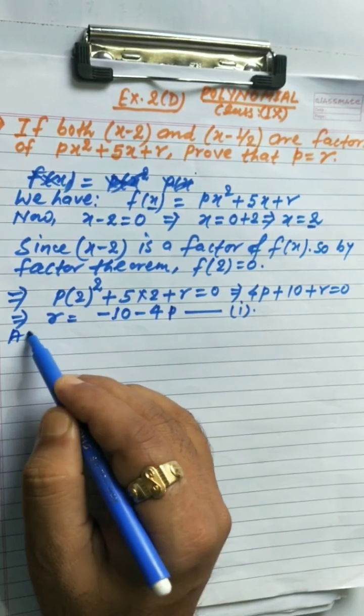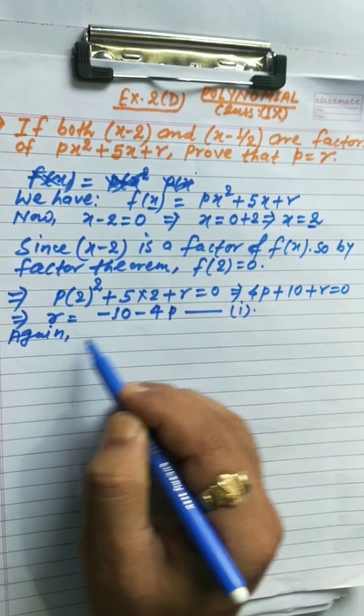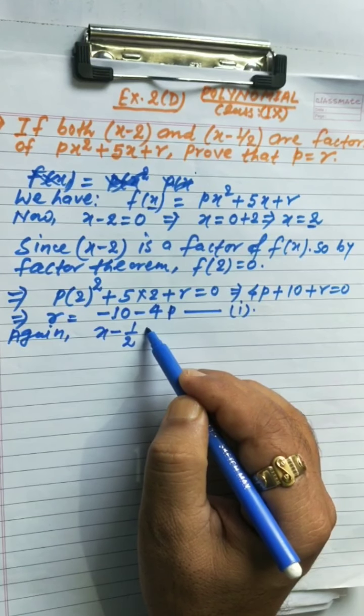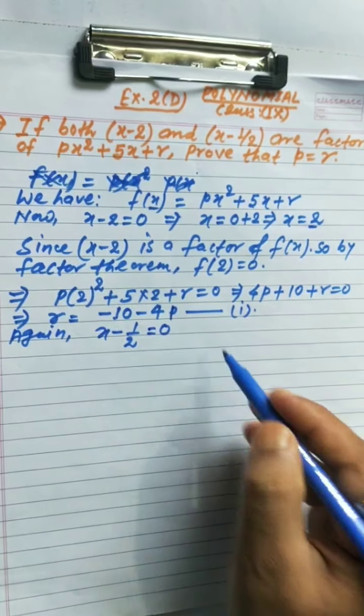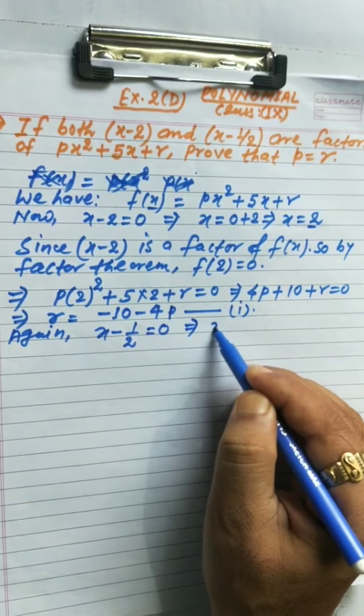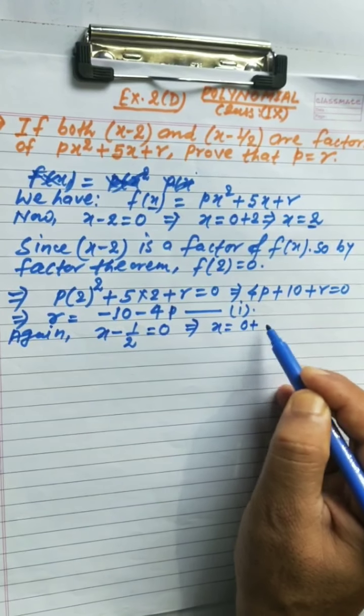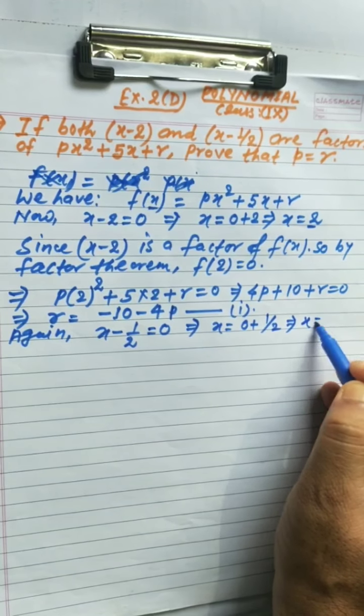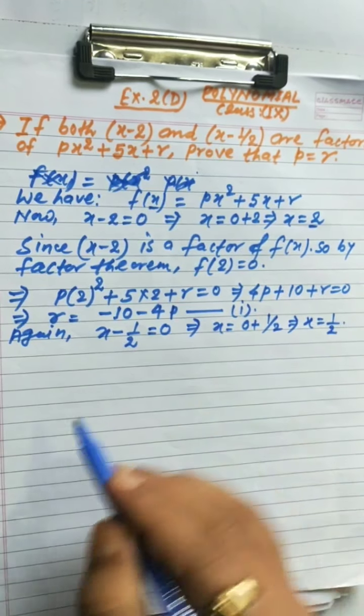Again another factor is also given. Another factor is x minus 1 by 2 is equal to 0. This implies that x will be equal to 0 plus 1 by 2. This implies that x will be equal to 1 by 2.